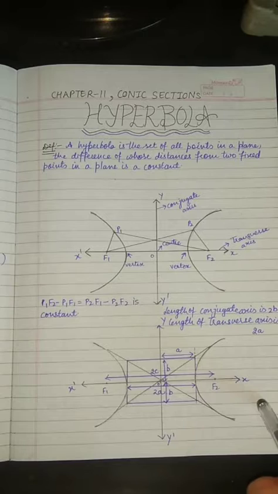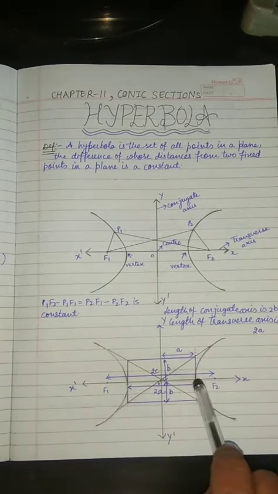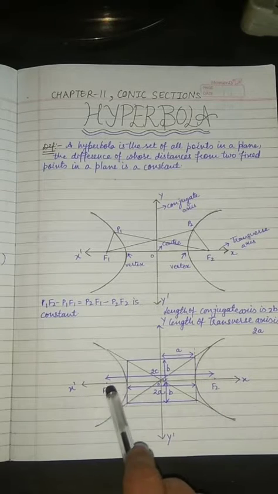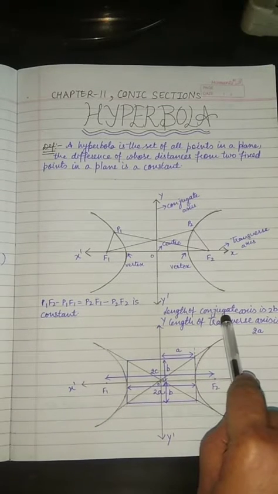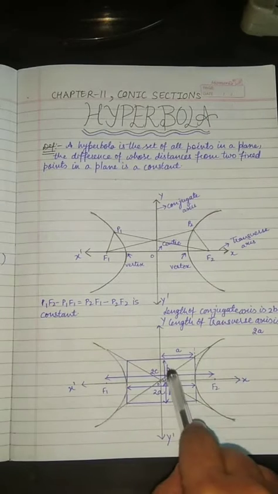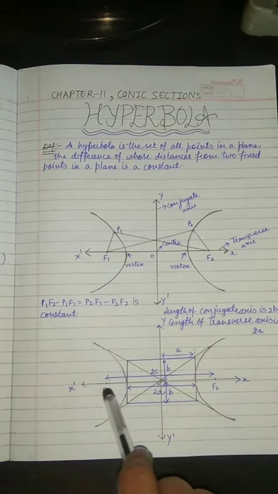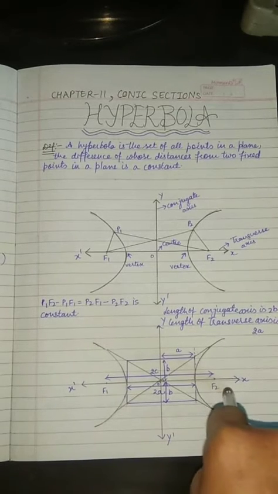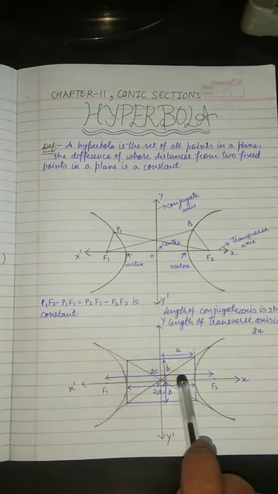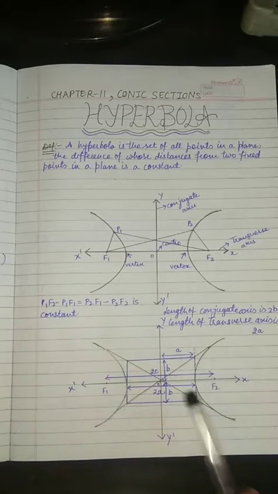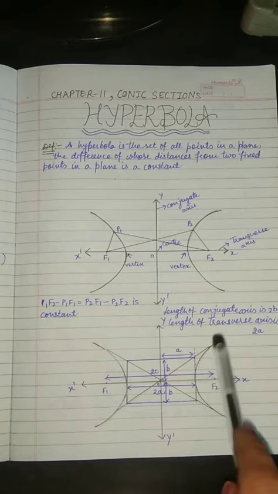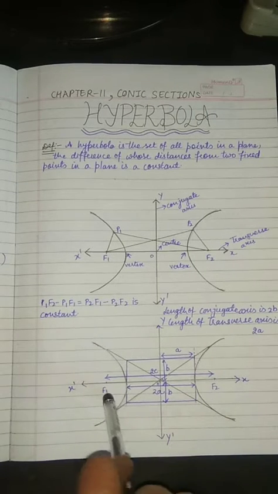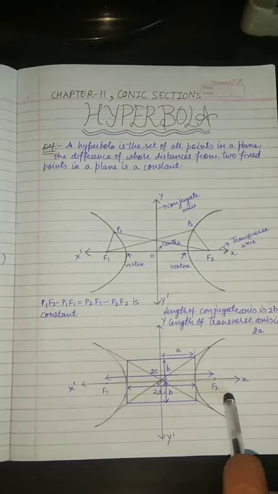As you can see in the figure, the length of transverse axis is 2a and the length of conjugate axis is 2b, and then the distance of focus 1 to focus 2 is 2c. So this hyperbola has two axes, conjugate and transverse axis, and it has two foci, F1 and F2.